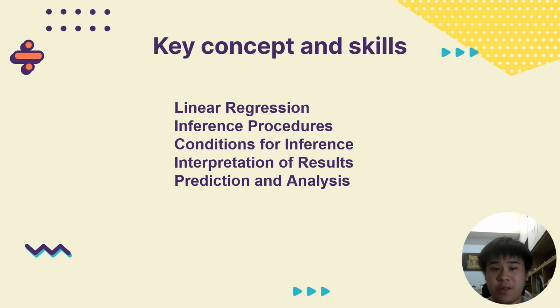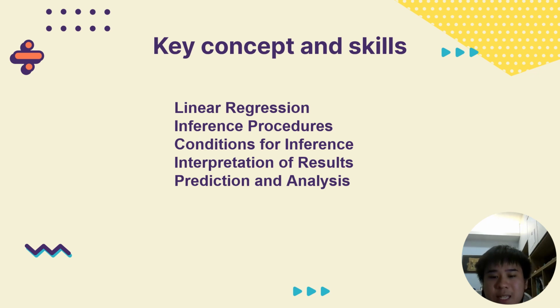So for linear regression. Linear regression is a statistical method used to model the relationship between two quantitative variables. It assumes a linear relationship between the explanatory variable, which is the independent variable, and the response variable. For inference procedures for linear regression, they involve hypothesis testing and confidence interval construction for the slope coefficient.